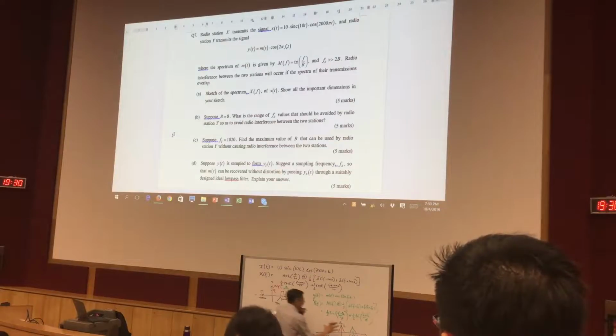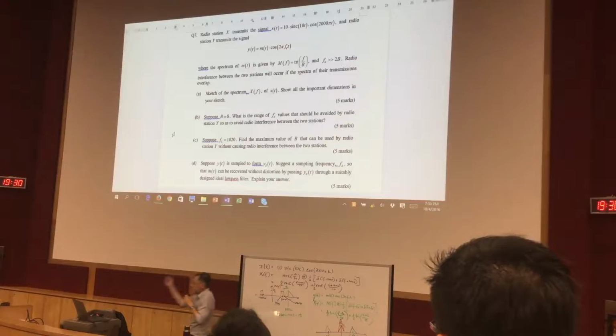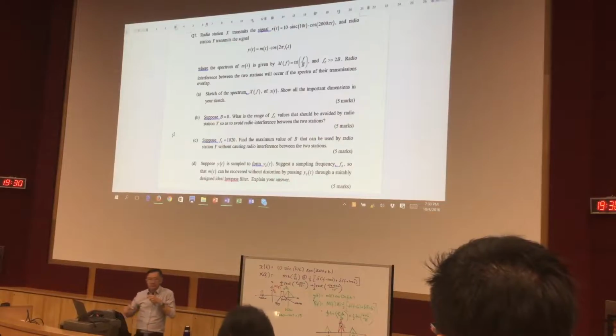Because if I take an Fs, which is Fc, I replicate it at Fc, I will get this guy here. I replicate this one, it's just that it will be double. I can recover, but the amplitude will be scaled double. Follow me? Does it make sense to all of you? Okay? Right. So that's part D.